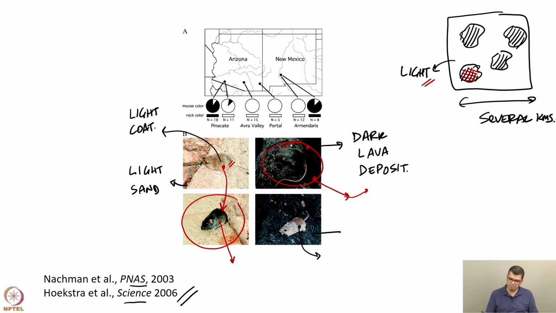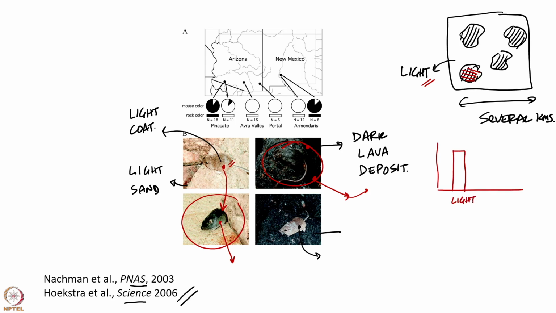So, this is another example where there was no variation in the population to begin with, the entire population was light colored, then you had these eruptions take place. Prior to the eruption, if you had a dark colored individual, it was really rare and it was easily predated upon.